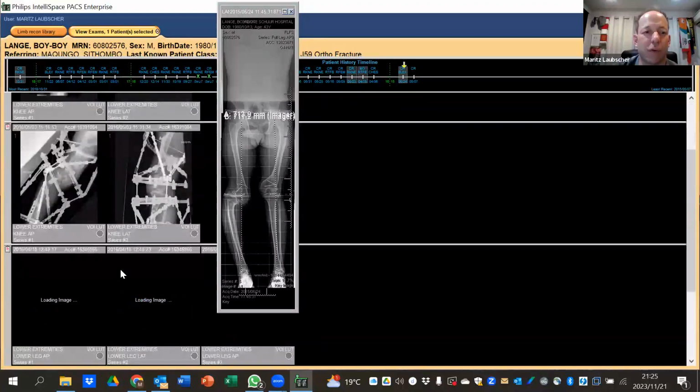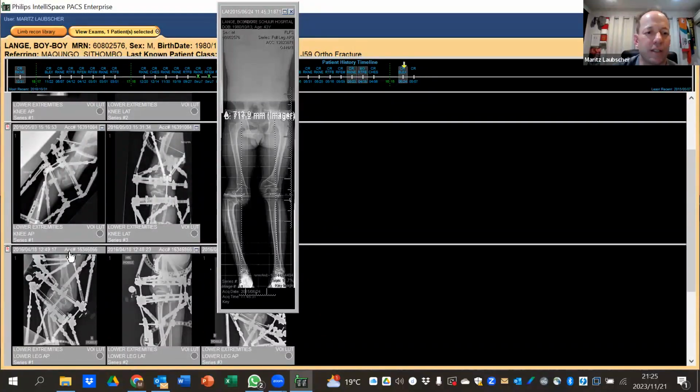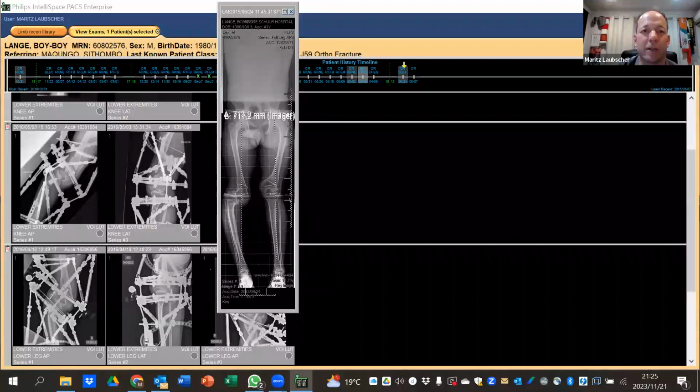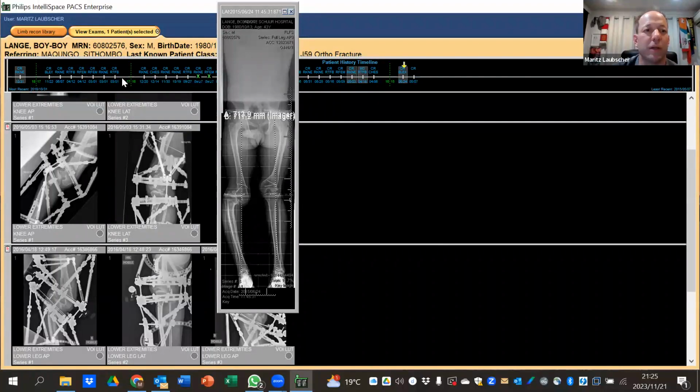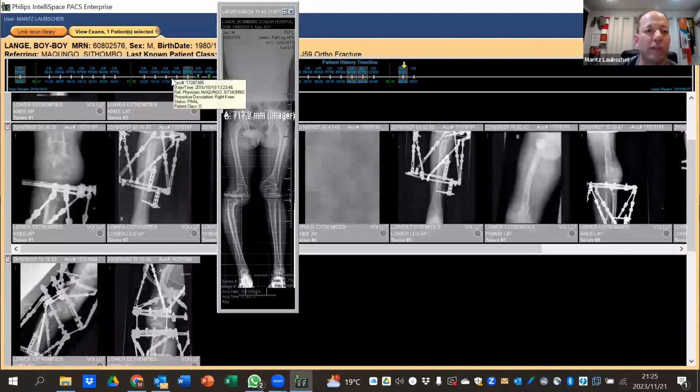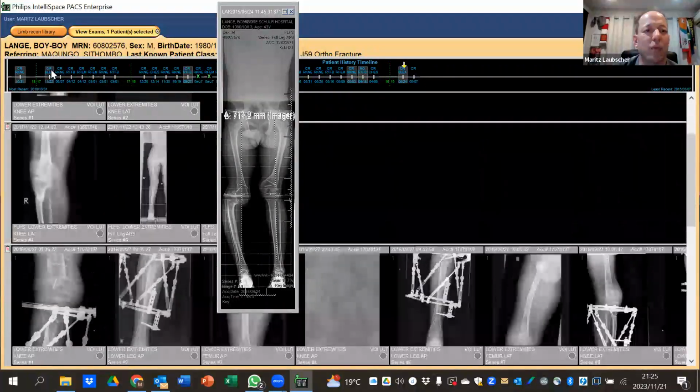For him, we did a stacked frame, two frames connected at the knee, with a distal femoral osteotomy and a proximal tibial osteotomy, and corrected both deformities simultaneously to make his knee joint horizontal.